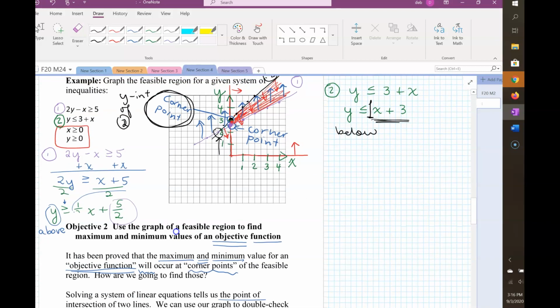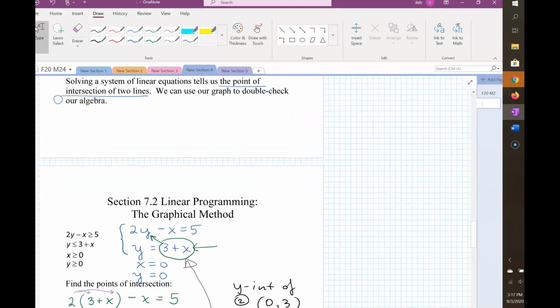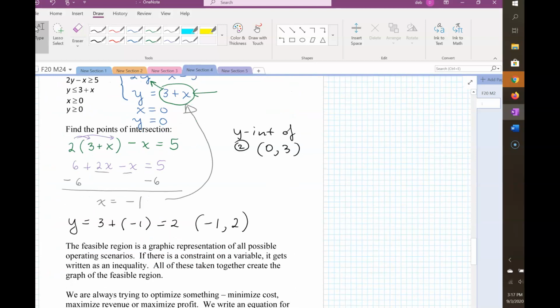And then this second corner point is the y-intercept of line 1. And we found that here when we rearranged into slope-intercept form. And so we have that the y-intercept of line 1 was 0, 5 halves.